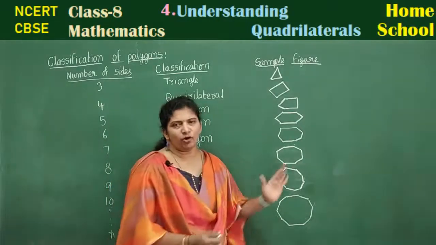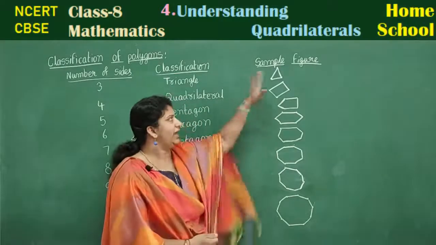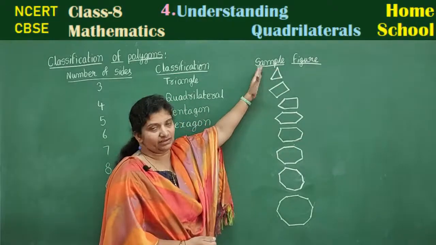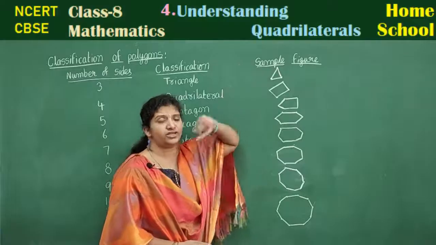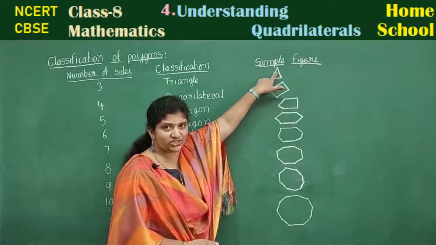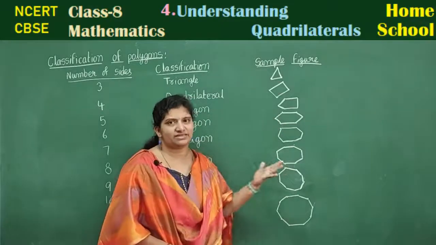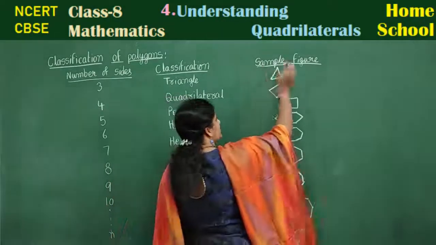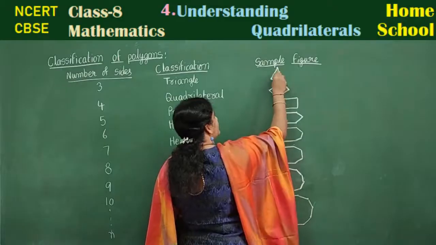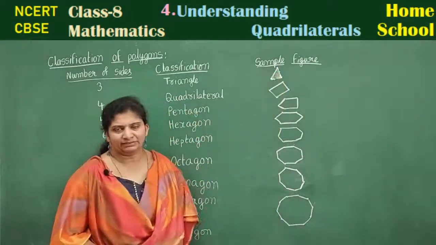For any polygon, you can talk about interior and exterior. The inside closed region is called the interior region, and the outside, which is never ending, is the exterior. Suppose I take a triangle, only this part I call the interior.